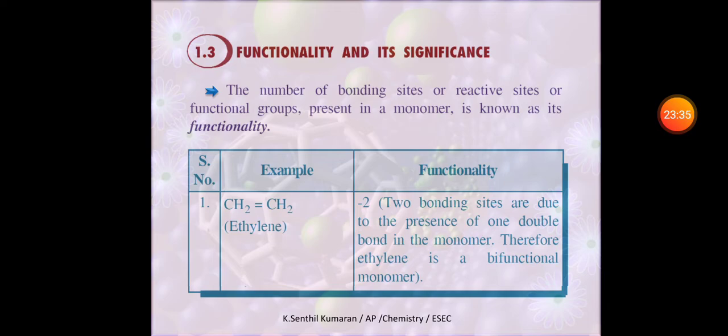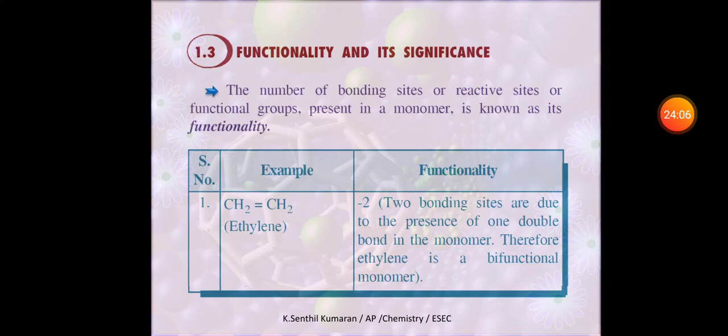Then functionality and its significance. Functionality means how many bonding sites or reactive sites or functional groups are present in the monomeric unit. Once again I repeat, how many bonding sites are available in the monomeric unit.